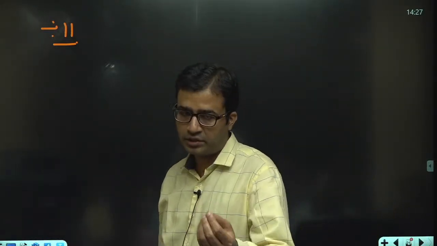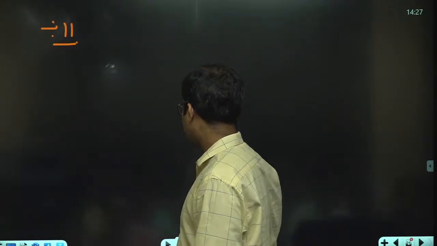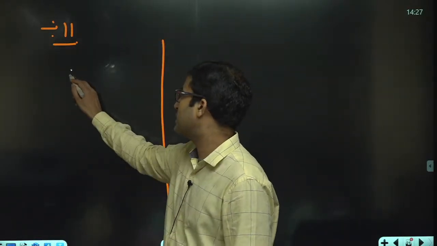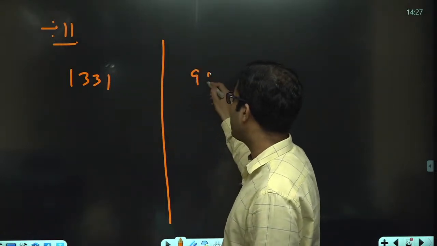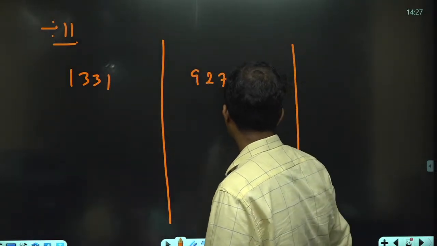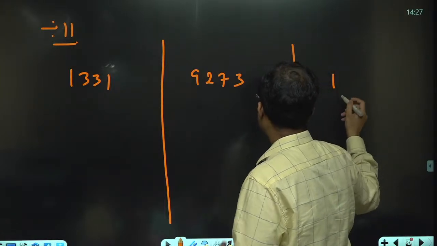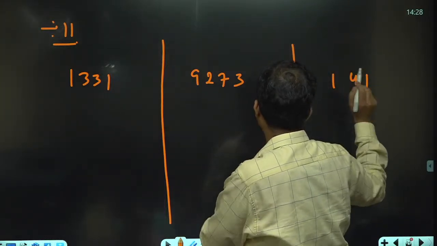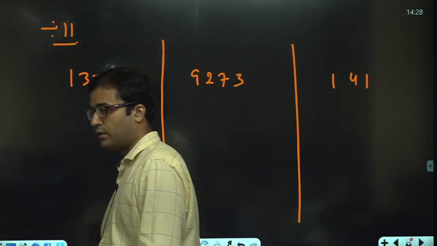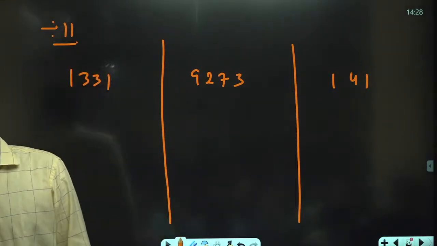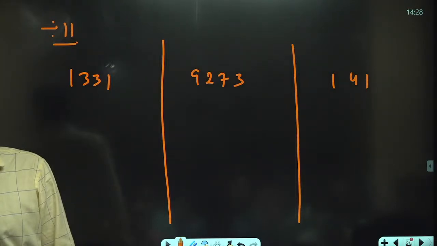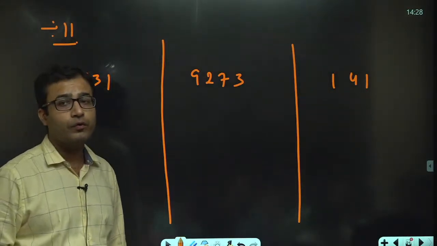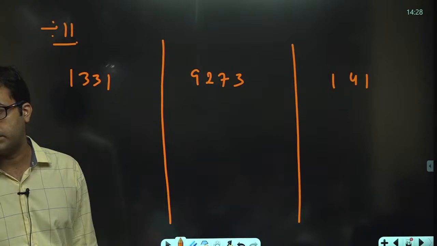I take 3 examples. See here, one number is 1331. Second number is 9273. Like for example, 141. So what will we do for divisibility of 11? We will break the number into 2 parts.